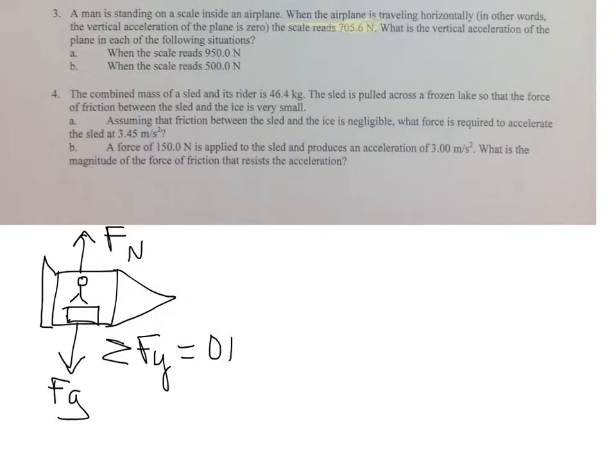What I'm saying is no acceleration up or down. When that's all 0, then that tells me that the force due to gravity is equal to 705.6 newtons.